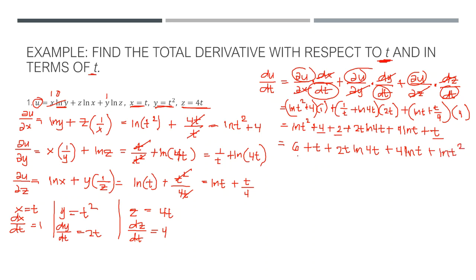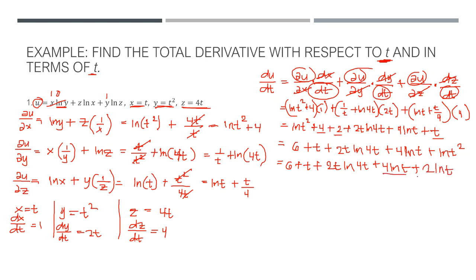So as we know, applying the property of the natural logarithm, we can put the exponent before our natural logarithm. So this would become 6 plus t plus 2t ln 40 plus 4 ln t plus 2 ln t.